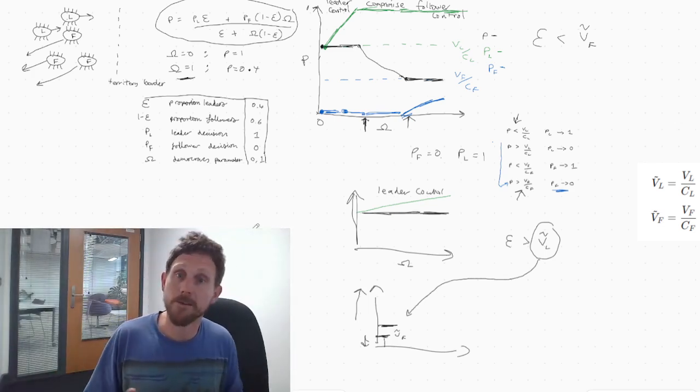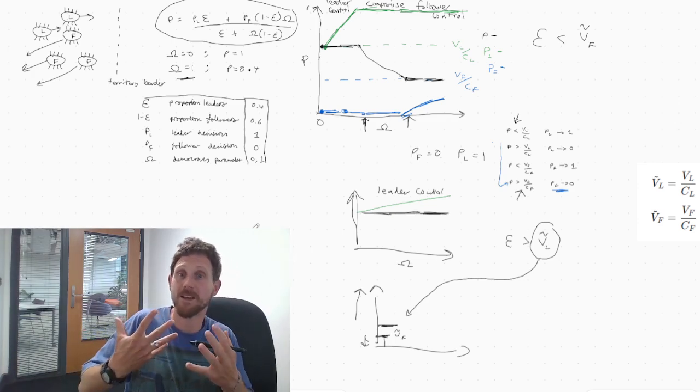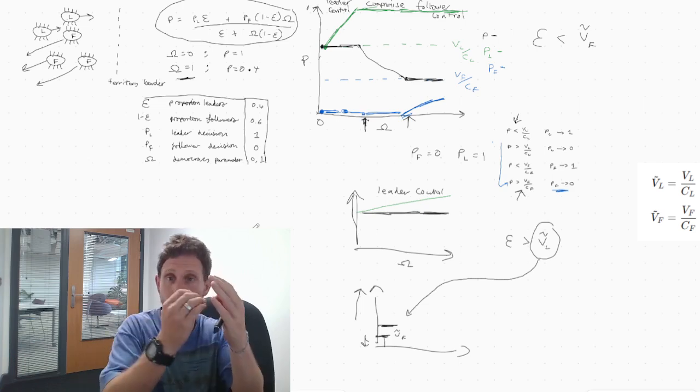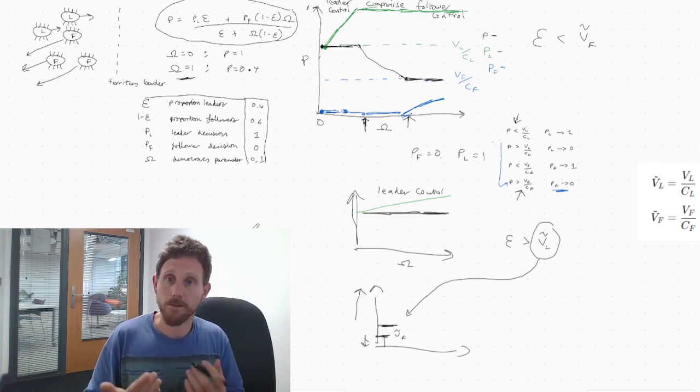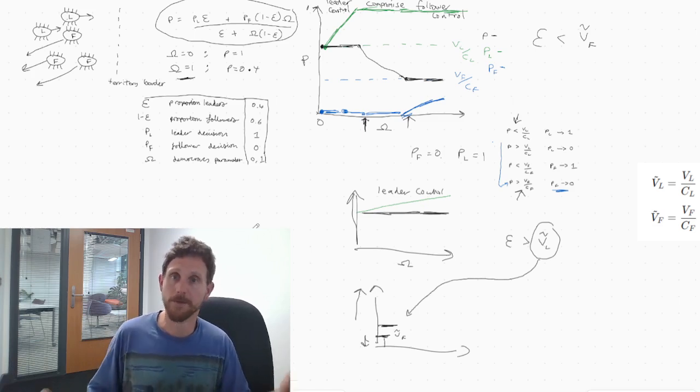And likewise, if both the leaders and the followers have their cost-benefit ratios at high levels, the follower control becomes easier to obtain for lower levels of democracy.